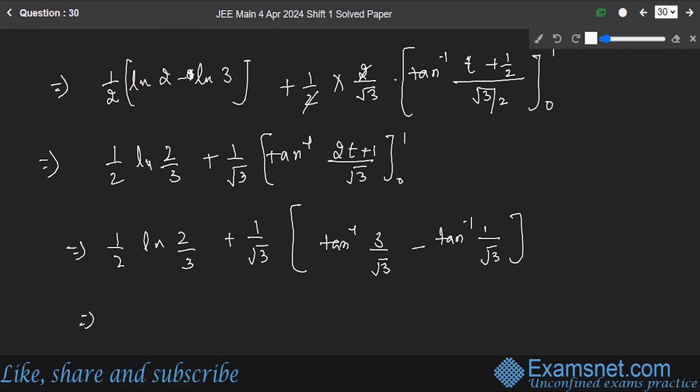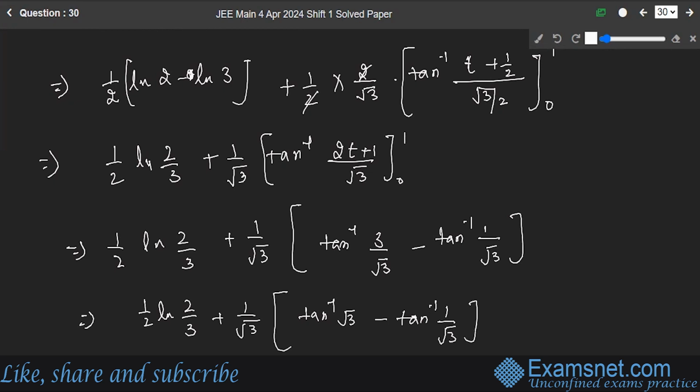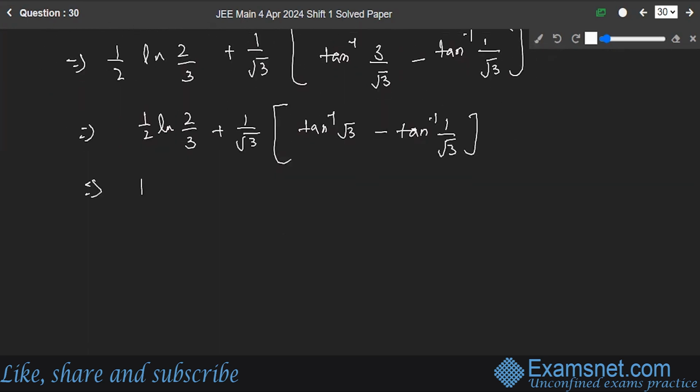This is half of log 2 by 3, 1 by root 3, and this gives me tangent inverse of this minus tangent inverse of this, which is half this.